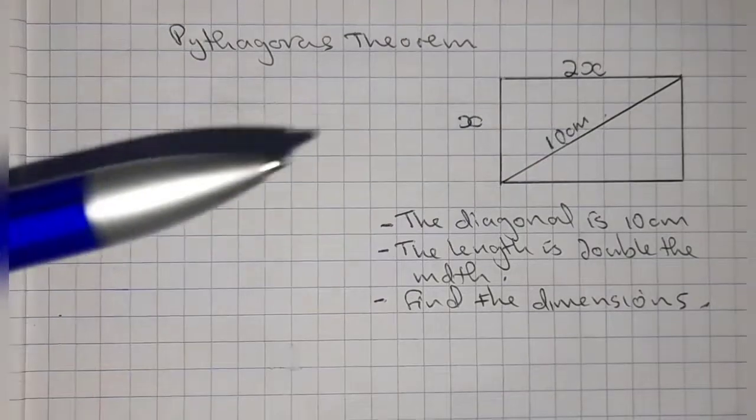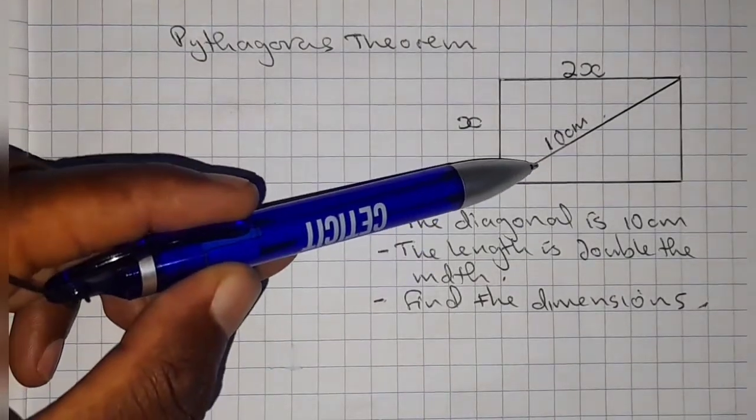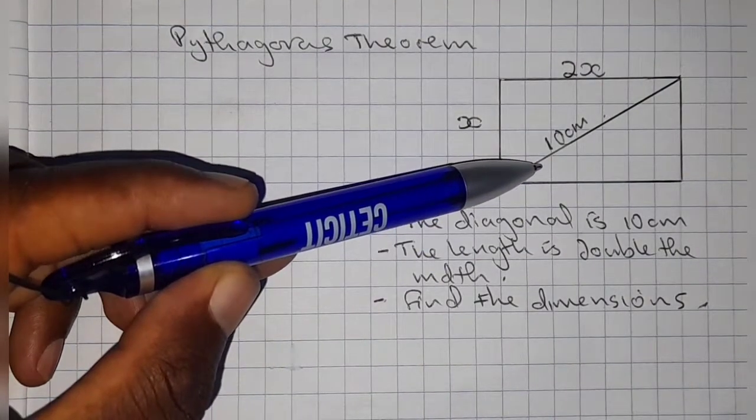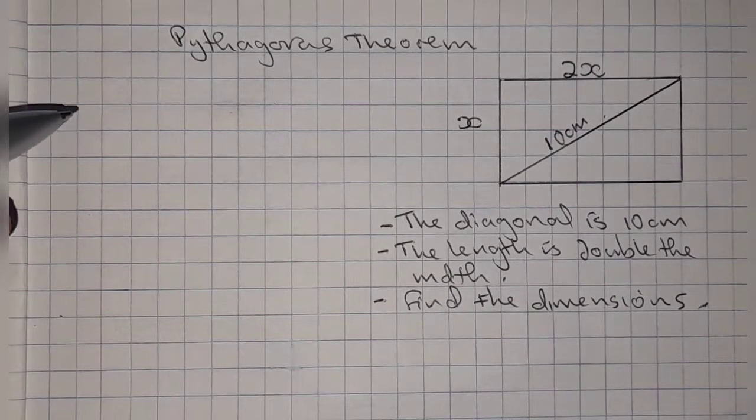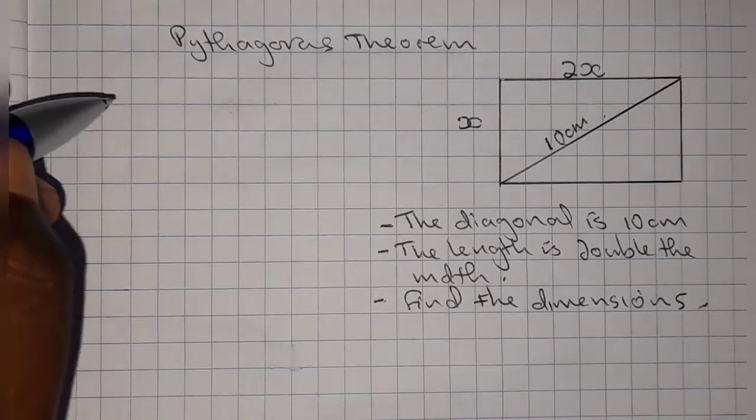Now you should remember that the diagonal divides the rectangle into two right-angled triangles. So we now have a right-angled triangle which can assist us. Let's make use of Pythagoras theorem to find the lengths of the sides of this triangle.